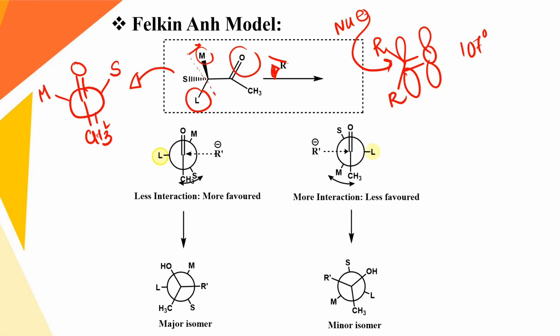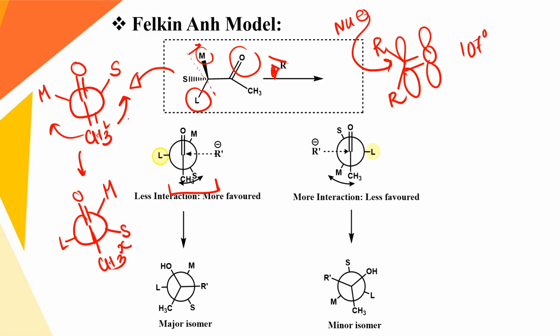This is a short trick. You have to remember this to make this model easy. Now if we rotate it to maintain the 90 degree angle between the large group and the carbonyl group, we keep OCH3 here. If we rotate that way, L is here, M is here, and the carbonyl is here. So we get this intermediate, and here you can see the steric strain is lesser compared to rotating in the other fashion.